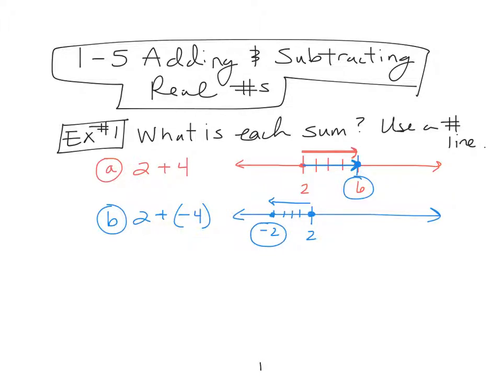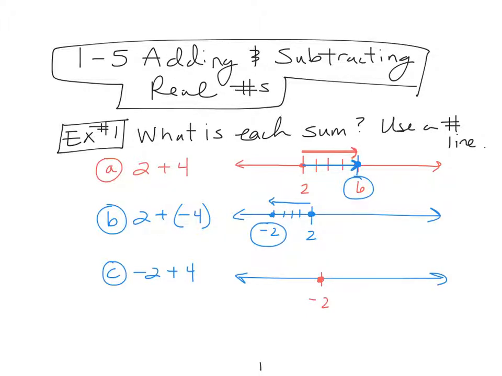What if instead I do negative 2 plus 4? What's my starting point on the number line? Negative 2. Okay, so we're starting at negative 2. If I say plus 4, am I moving left or right? A positive 4.